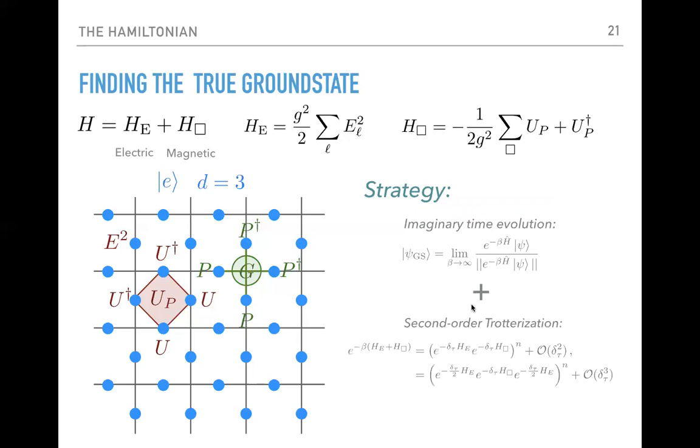And for this, we need to come up with some factorization, which is nothing but the Baker-Hausdorff-Campbell formula for splitting up this Hamiltonian into its electric and magnetic part. Then if you take delta tau small enough, you are making smaller errors. And so every update will be n steps of this sequence.